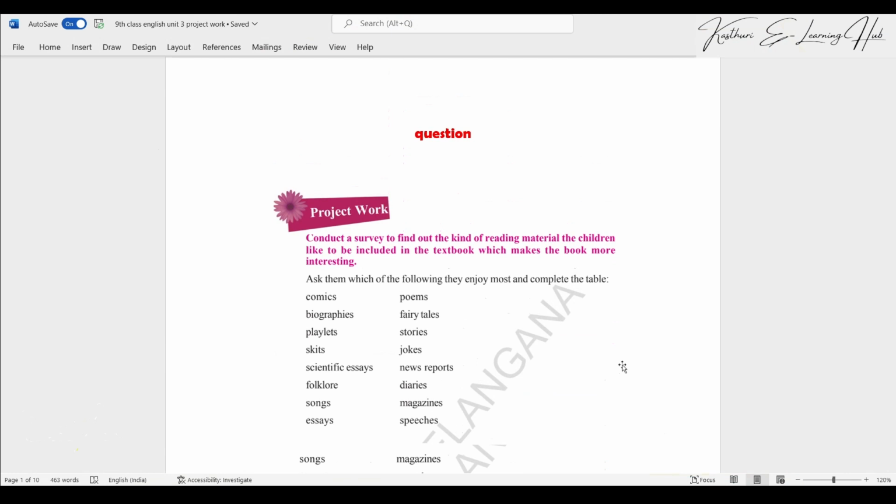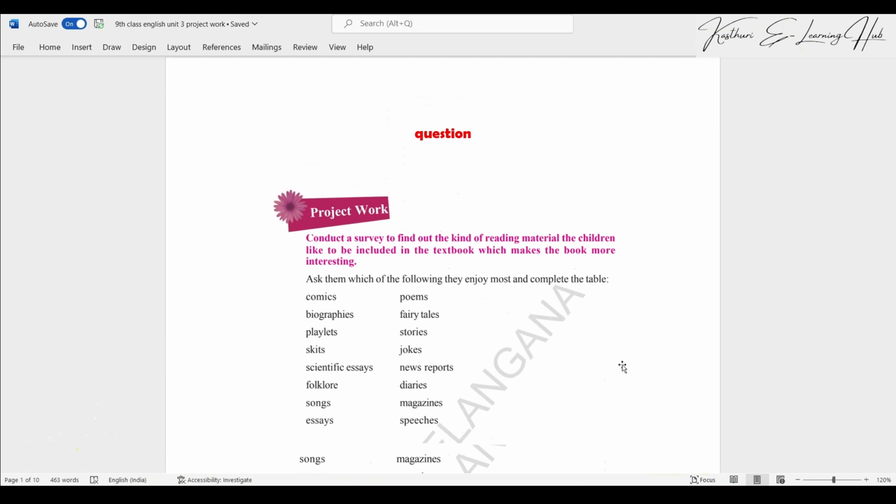Playlet means already there is a big story in the form of a drama, and a part of it is played. For example, Romeo and Juliet is a play, and one scene from it repeatedly played is a playlet.